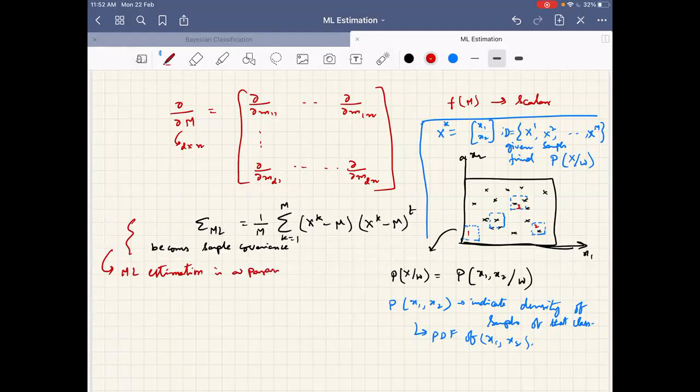Non-parametric method. Is this clear or not?